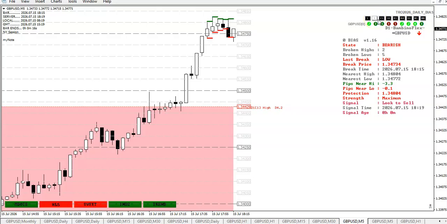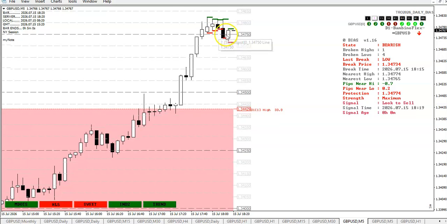M5, look to sell. And what this indicator is doing is it's looking at the last 5 highs, last 5 lows, and it's saying, did it break 2 or more? So right here on this candle, it broke 2, 3 of the lows. So it's looking to sell.